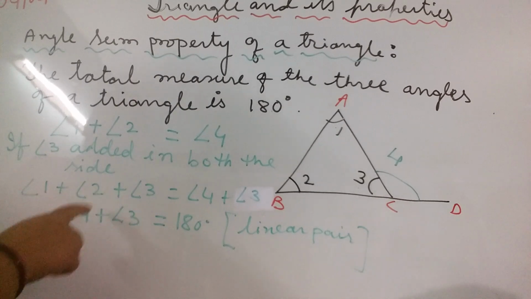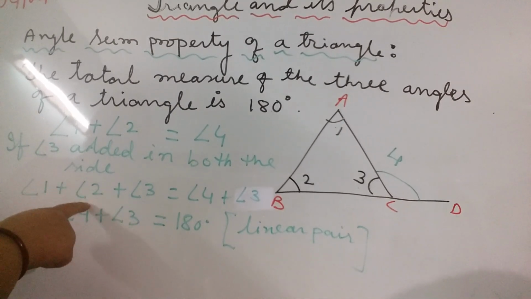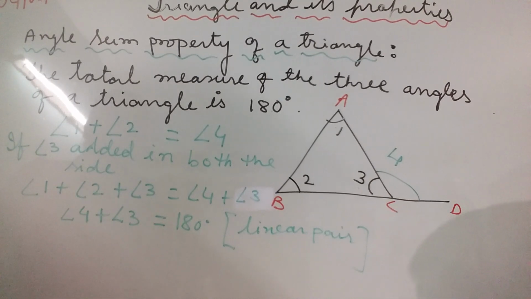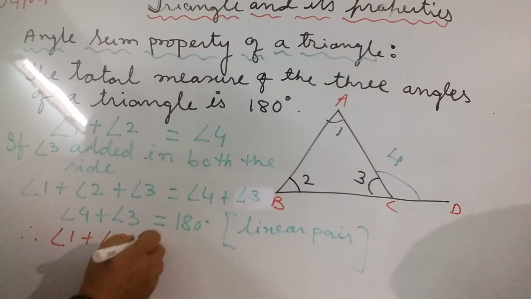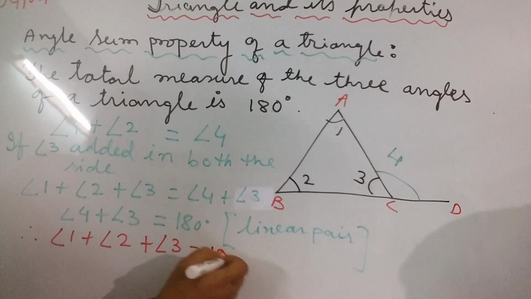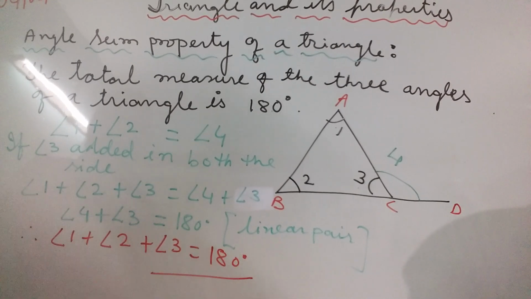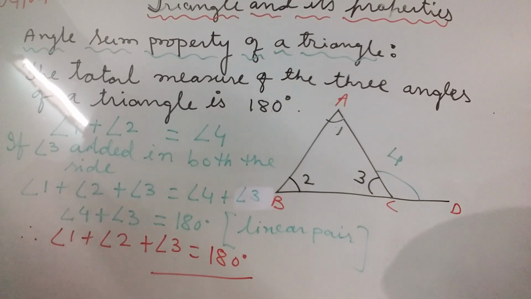And this angle 4 plus angle 3 was equal to angle 1 plus angle 2 plus angle 3. So we can conclude that angle 1 plus angle 2 plus angle 3 is 180 degrees. Understood? Now this relationship or this property is very significant.